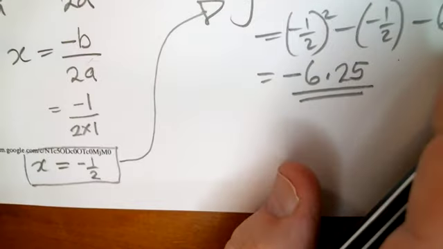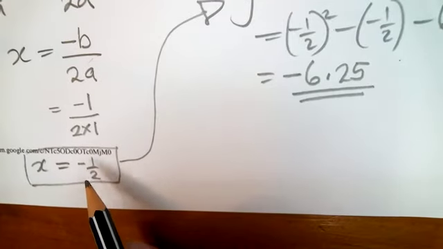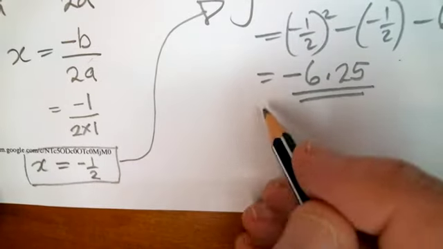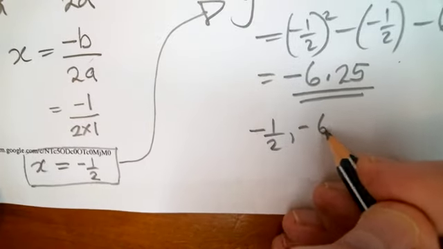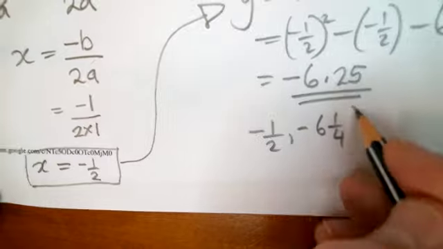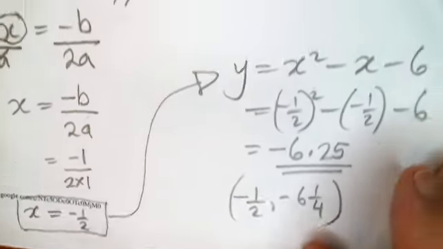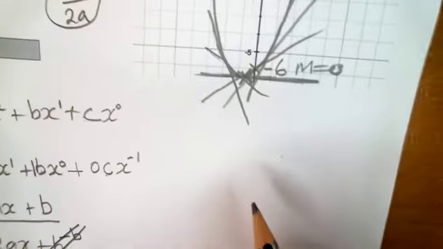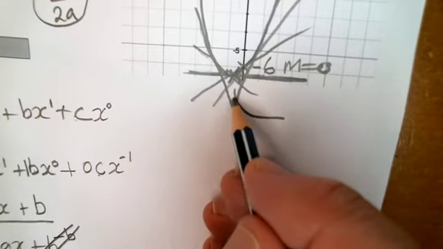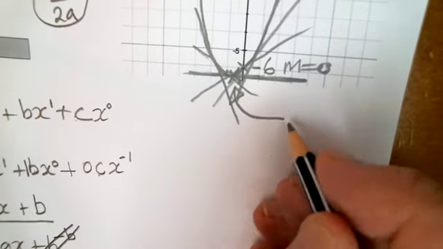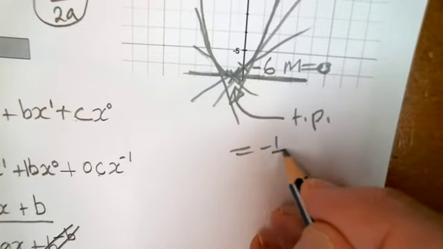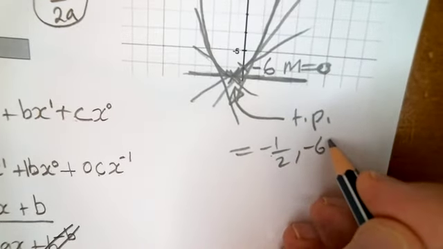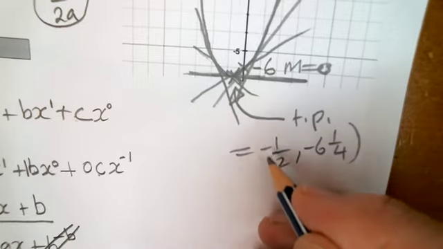So the coordinate is going to be negative 1/2, comma, negative 6.25. There it is, negative 1/2, comma, negative 6.25. So I'm keeping the same format here. And there it is, the turning point there. I'll put turning point equals negative 1/2, comma, negative 6.25.